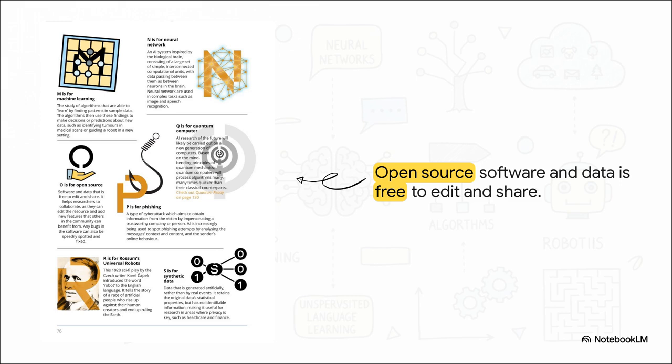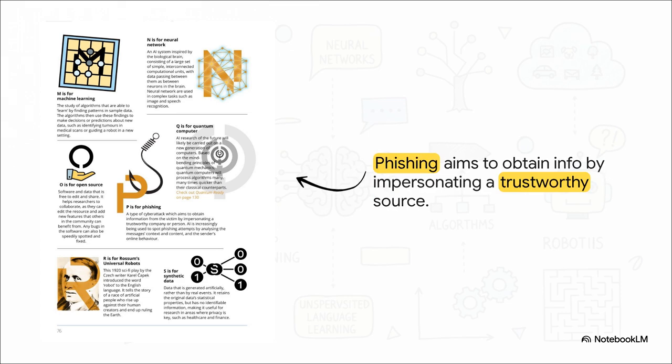This means the underlying software and data are free to edit, share, and build upon. Open source is the absolute lifeblood of modern AI development. It allows a global community of researchers and developers to collaborate, share computing resources, and fix software bugs at an incredibly rapid pace.